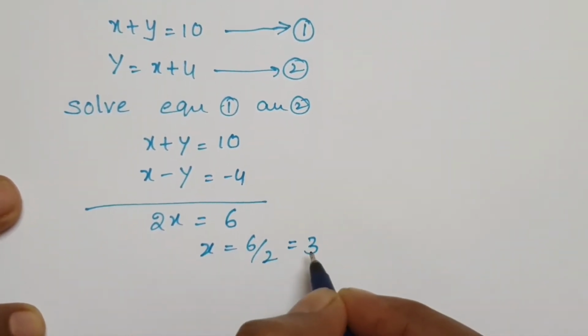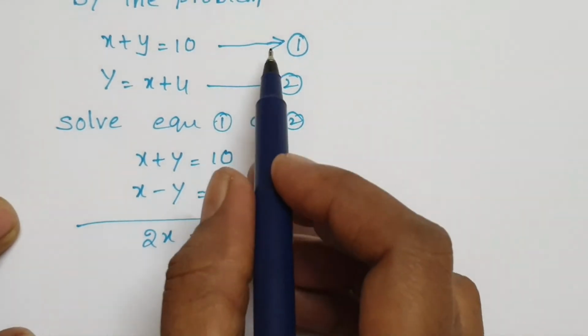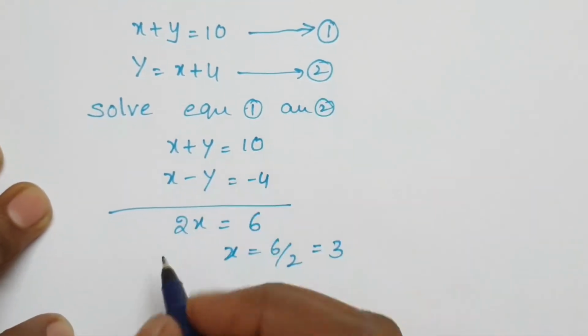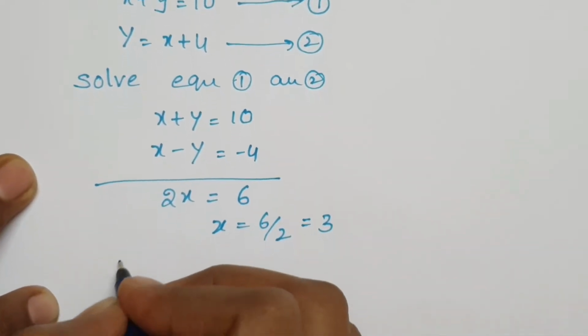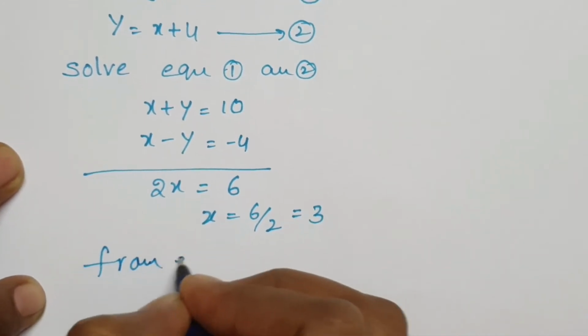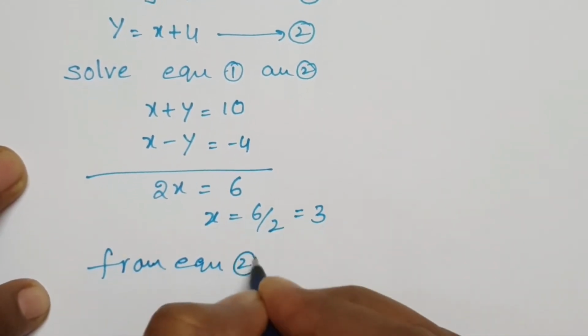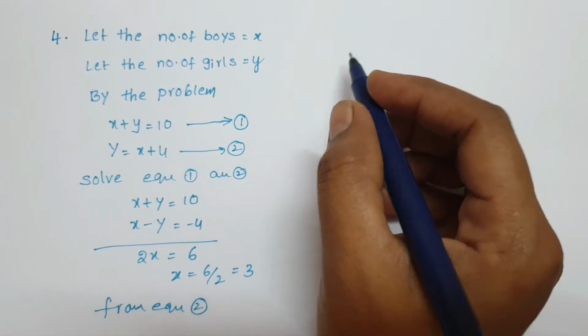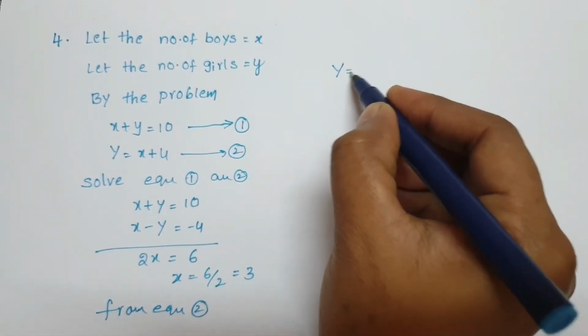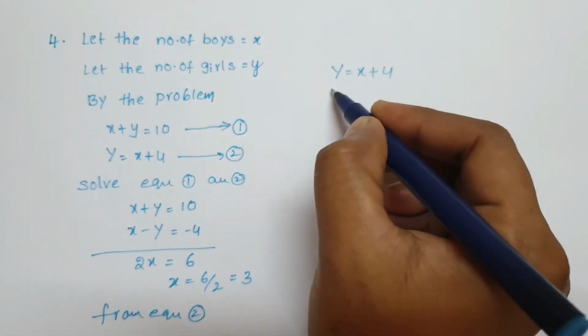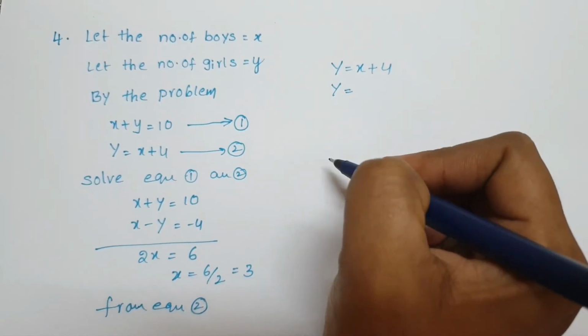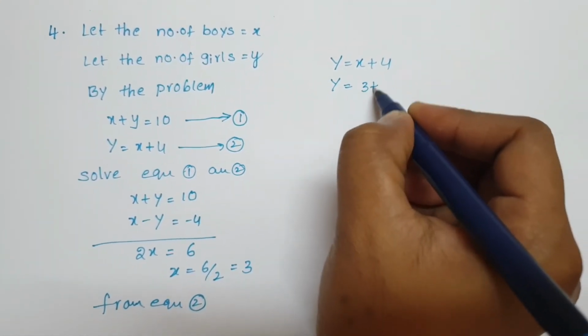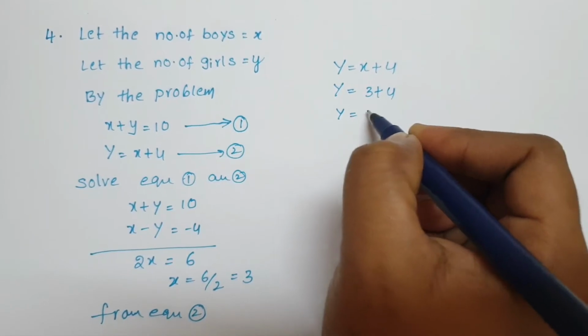x equal to 3. Substitute this x value in any one equation and we will get the y value. So from equation number 2, the second equation, y equal to x plus 4. y equal to, x means we get here 3, 3 plus 4. y equal to 7.